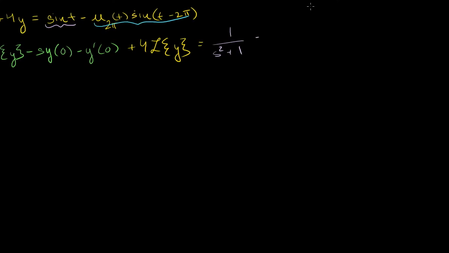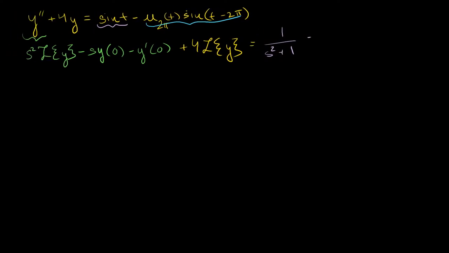This is going to be the same thing as the Laplace transform of sine of t, but we have to multiply it by e to the minus cs, if you remember that last formula, where c is 2 pi. Let me write that down.